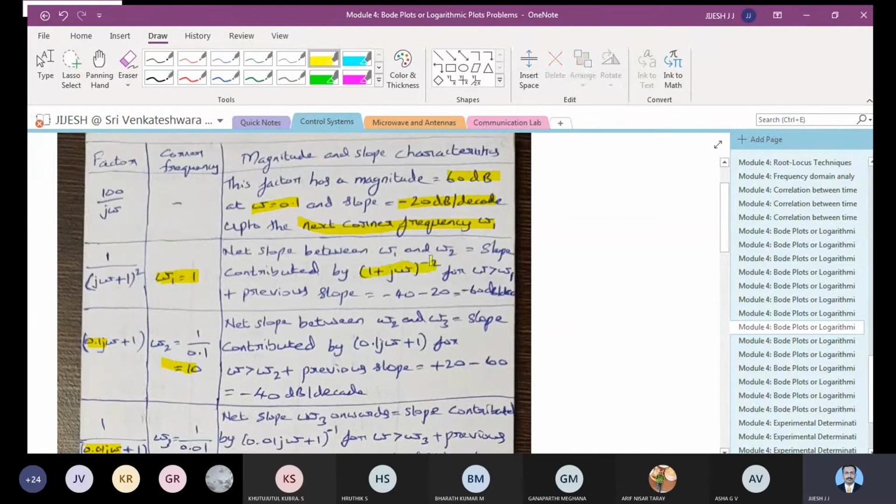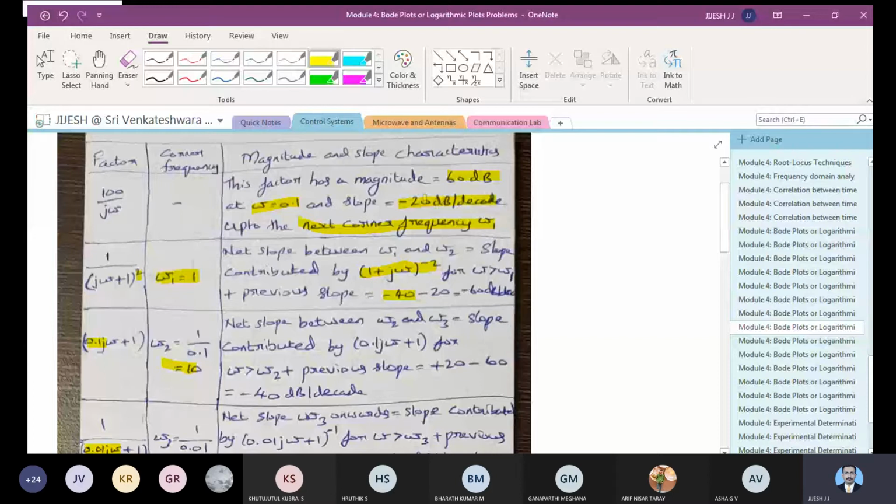If it was minus 1, it would have been in the denominator with a single power. Since the term is in the denominator, the slope will be minus 20 added to the previous slope. Since you have a square term here, you have to multiply the slope by 2, so it will be minus 20 into 2, which is minus 40, in addition to the previous slope.